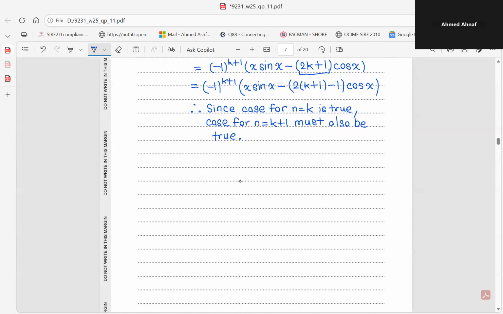And so with that, we can write a final concluding statement. Hence, using the principle of mathematical induction, the above statement is true.